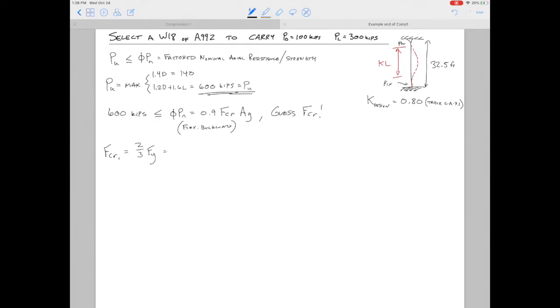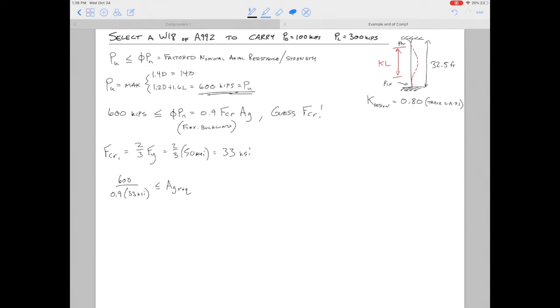You could really pick anything, but 2/3 of 50 KSI seems to be a pretty good place to start for normal size columns. So since I have this now, I can rearrange my equation to say 0.9 and 33 KSI, and now that gives me a target, AG required.